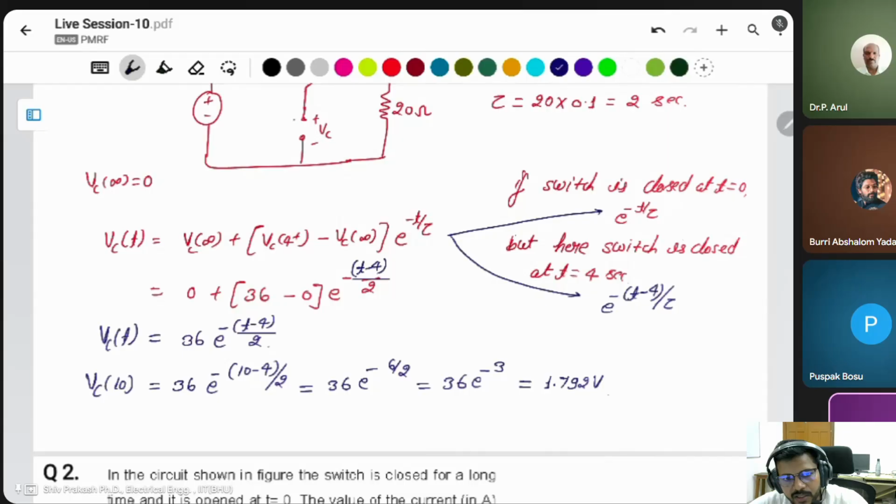It means within 6 seconds, starting from 4 and asking at a time of 10 seconds, the 36 volt dropped to 1.792 volt.